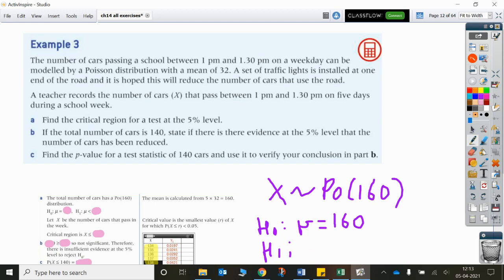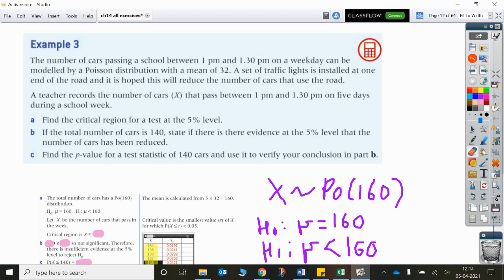However, in this case, we suspect that the traffic has gone down, and so we want to check whether or not the lights have made any difference. So this is a one-tailed test. We want to check whether mu is now less than 160. So our alternative hypothesis, H1, is such that mu is less than 160 here. Now, we always write that down to start off with. That's what they've written down here as well.